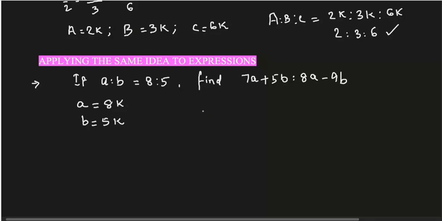So you have to just substitute A as 8k, plus 5b is 5k, is to 8 into A is 8 into 8k minus 9 into 5k.